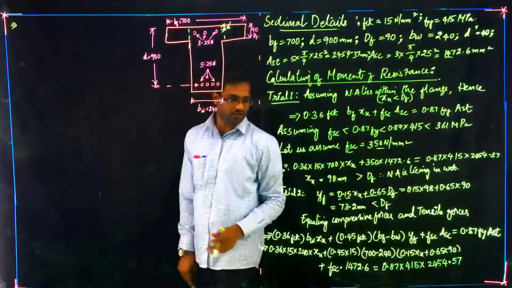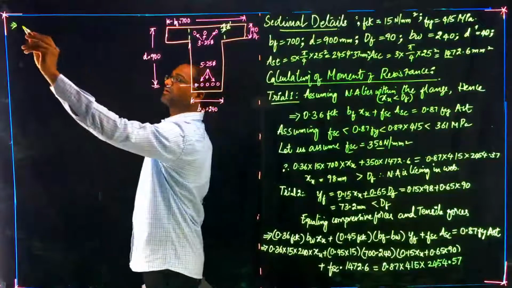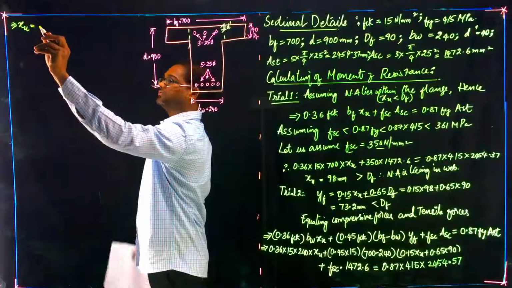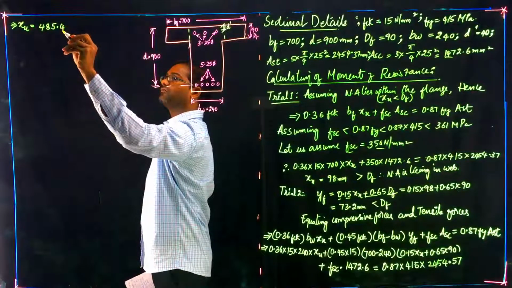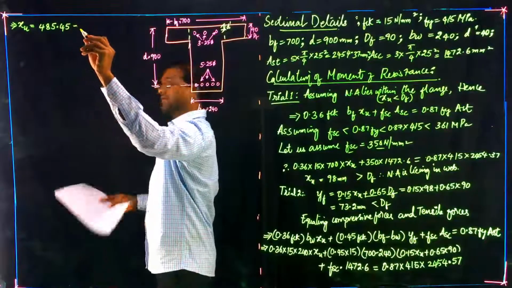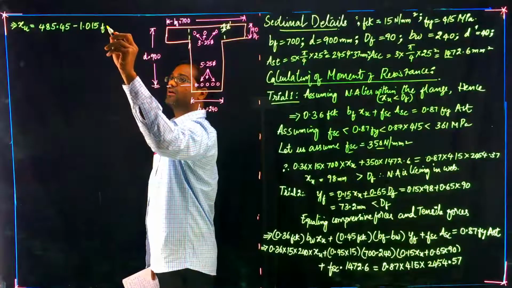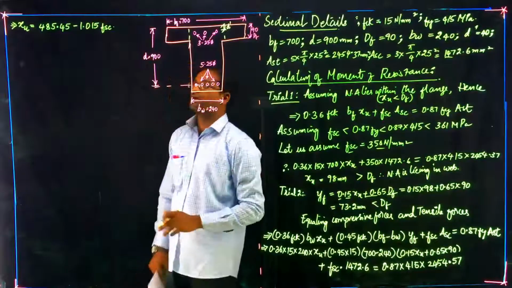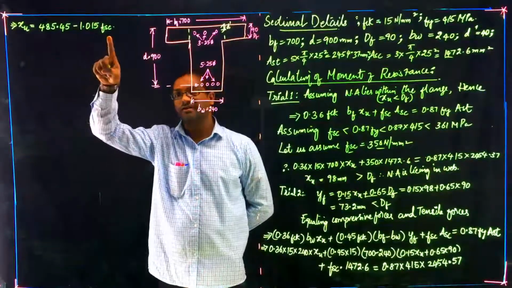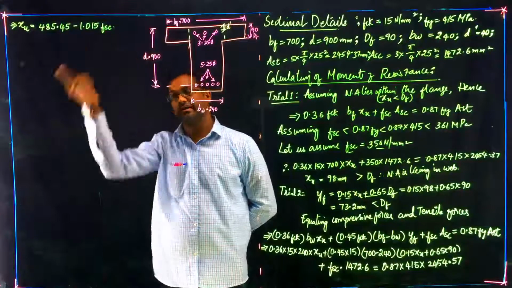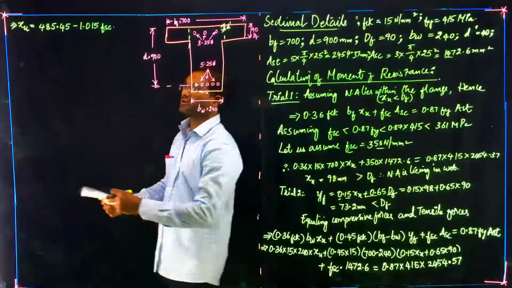Now simplifying this equation, you will get XU equals 485.45 minus 1.015 FSC. Now XU is dependent on FSC. Again FSC is dependent on the neutral axis. How?